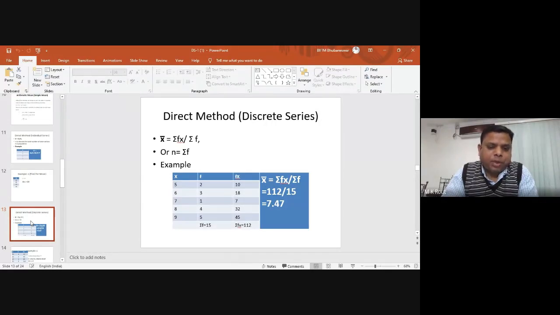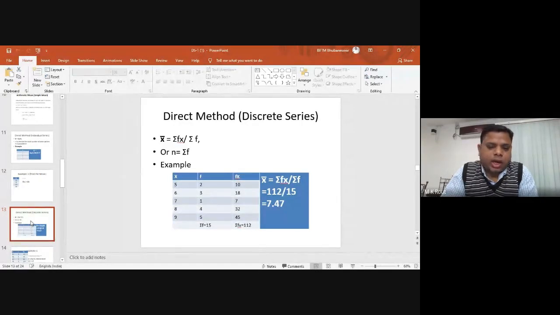And by multiplying f into x, that is 5 into 2 equals 10. Then in the second row, 6 into 3, that is 18. In case of 7 into 1, that is 7. In the fourth row, that is 8 into 4, that is 32. And for the last row, 9 into 5, that equals 45.